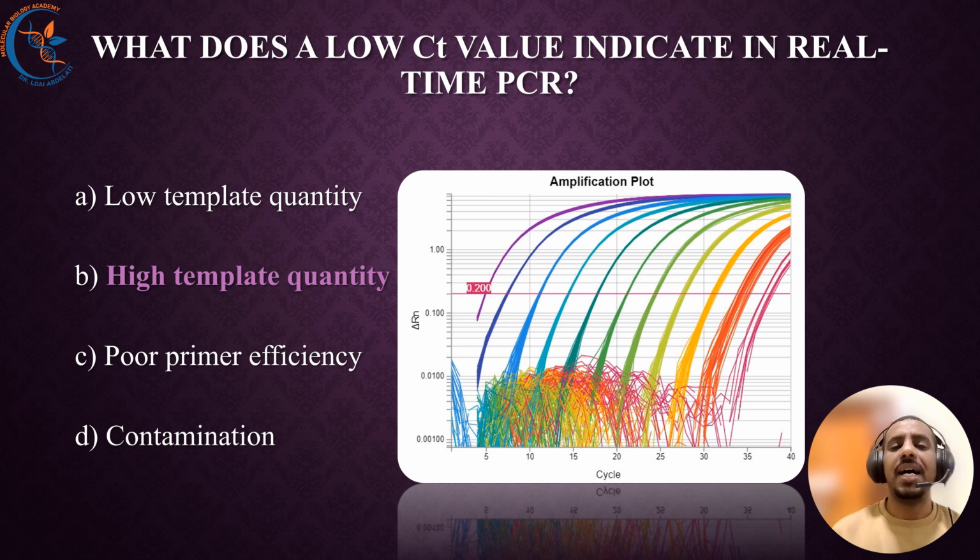Which indicates a high abundance of starting DNA in the sample. So if the template quantity were low, as in option A, the CT value would be higher as it would take longer for the signal to reach the threshold, while efficiency in option C and contamination in option D can influence the CT value. They are not the primary indicator of high template quantity.